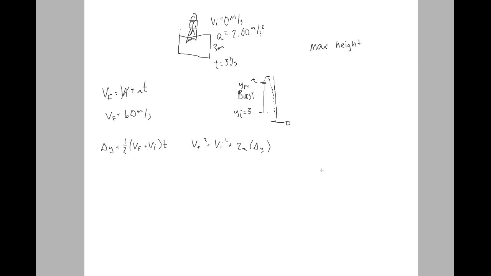And one last equation, I could also use delta y equals my v initial times my time plus 1/2 a t squared. Any of those equations would work because I now know v final, I know my v initial, and I know my time. In this equation, again, v final is known, v initial is known, and acceleration is known.